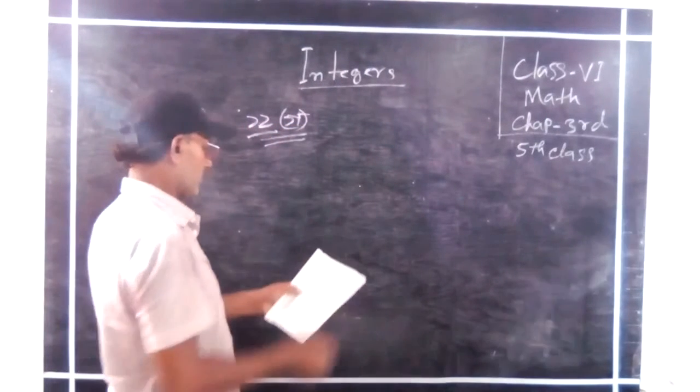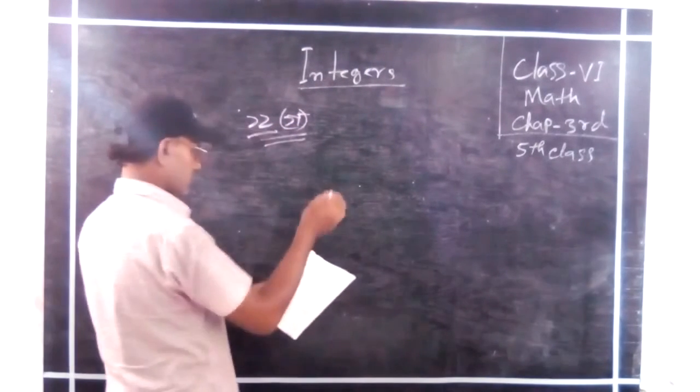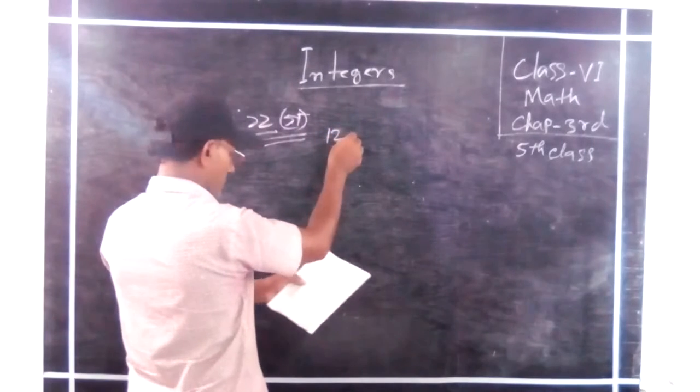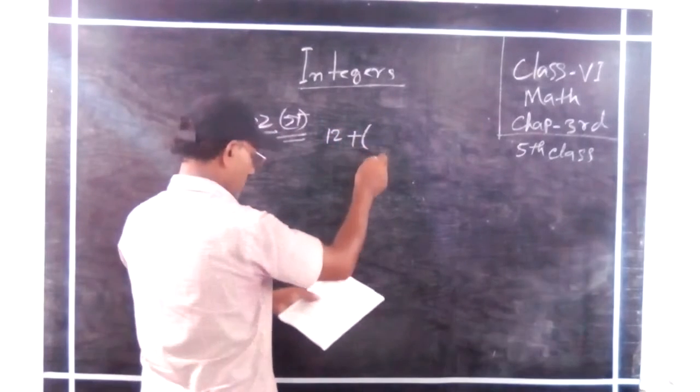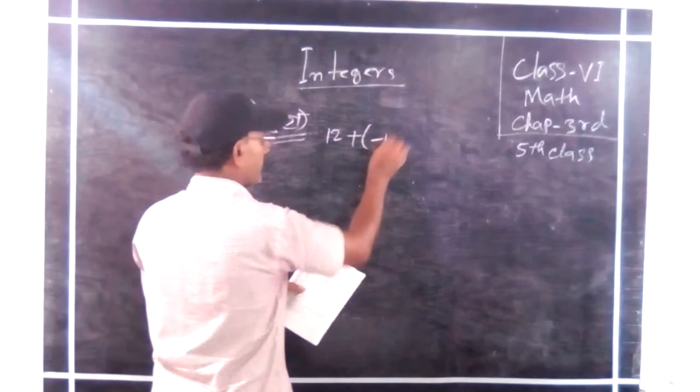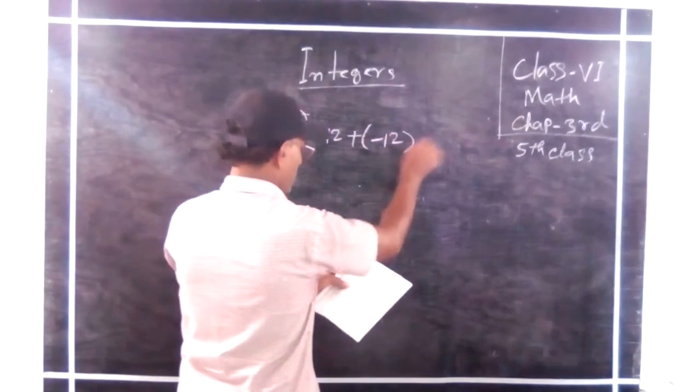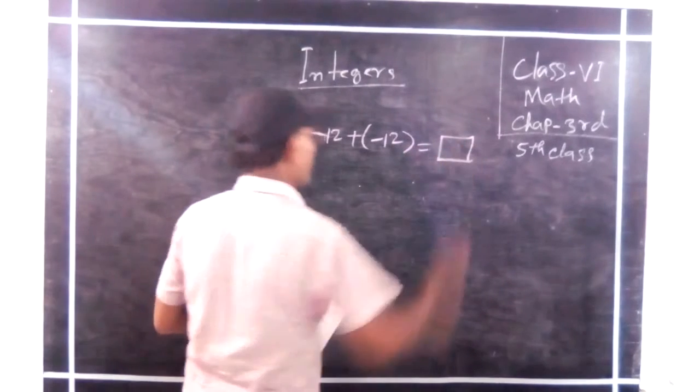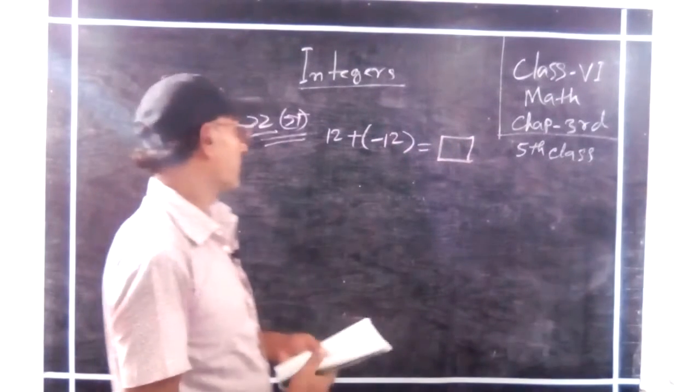Here, look, 12 plus opening first bracket minus 12 equal empty cell or blank cell.